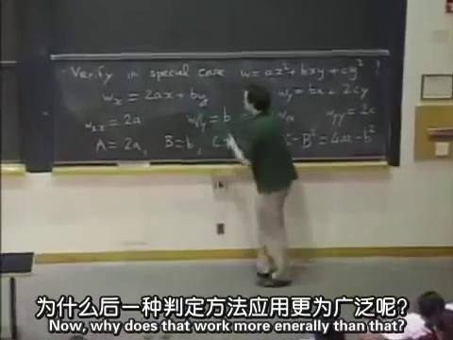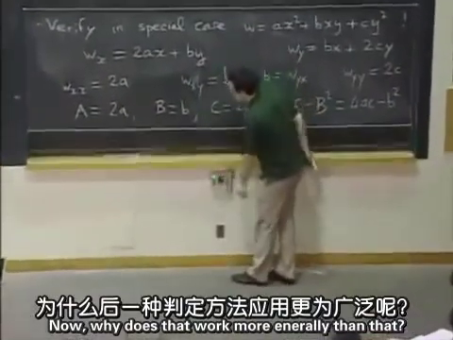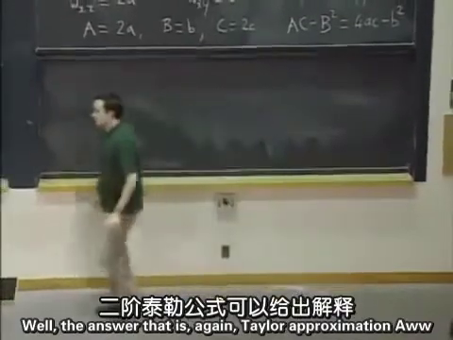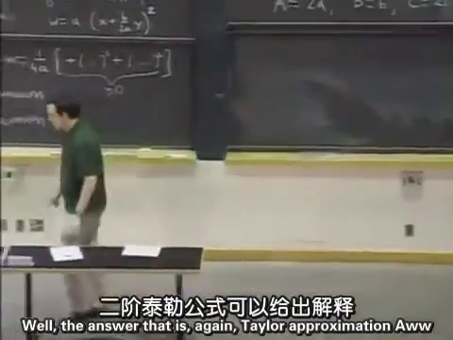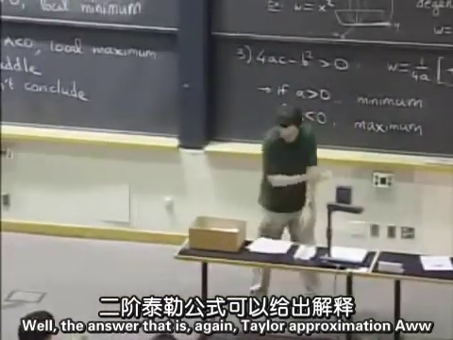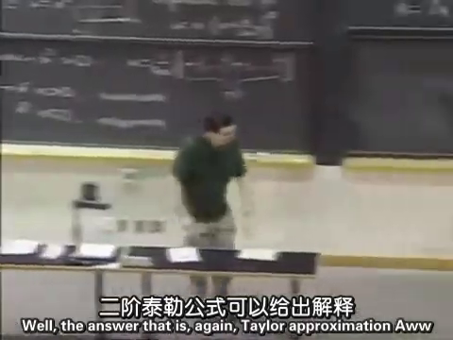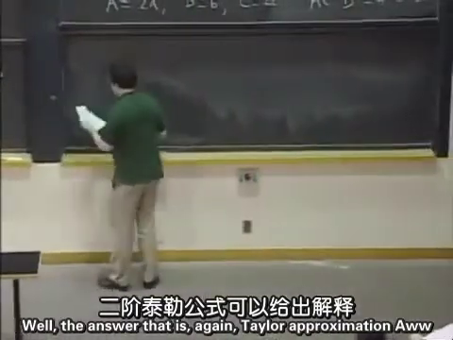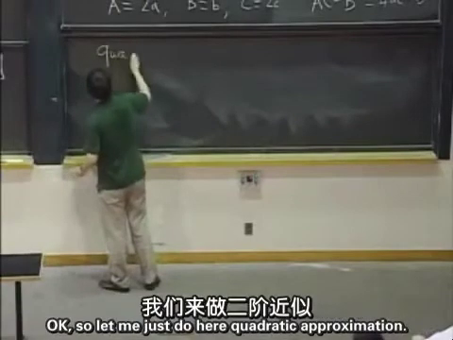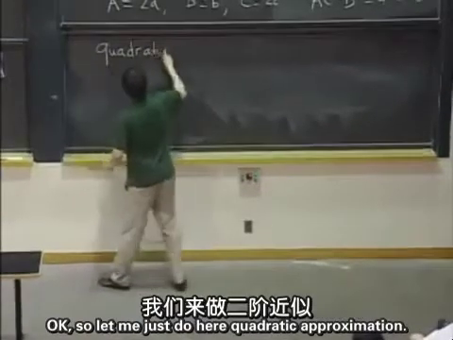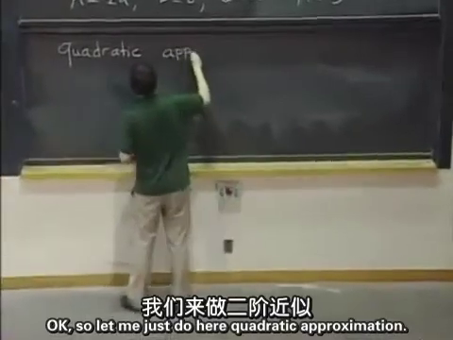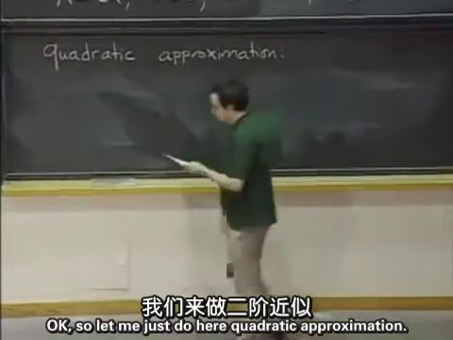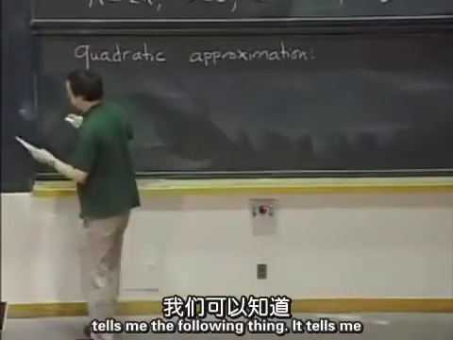Now, why does that work more generally than that? Well, the answer to that is, again, Taylor approximation. Okay. So let me just do here quadratic approximation. So quadratic approximation tells me the following thing.